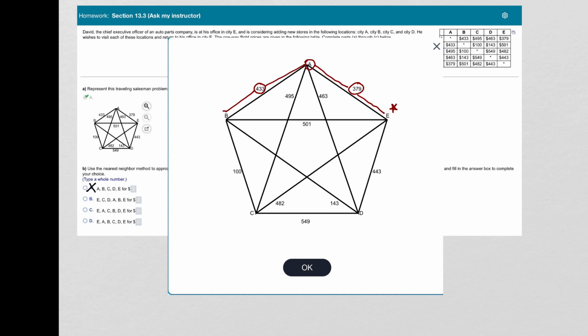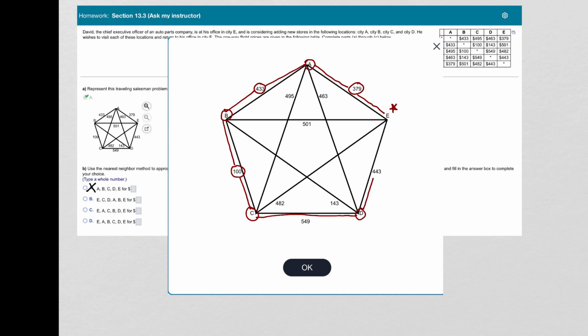All right, so now that we're in City B, I'm going to look at the cost of traveling to City C, which is 100, and City D, which is 143. So City C is going to be the least expensive. And I eliminate D. And now I have to travel to City D. It doesn't matter how much it costs because that's the only city remaining.